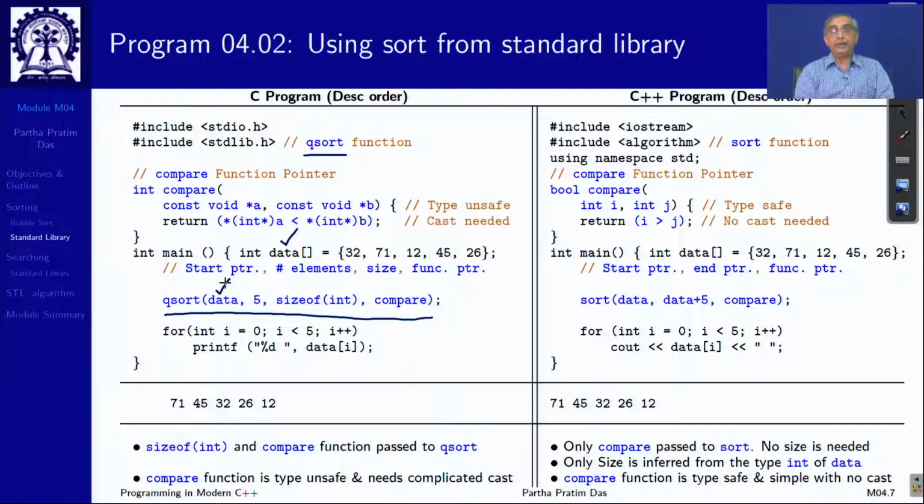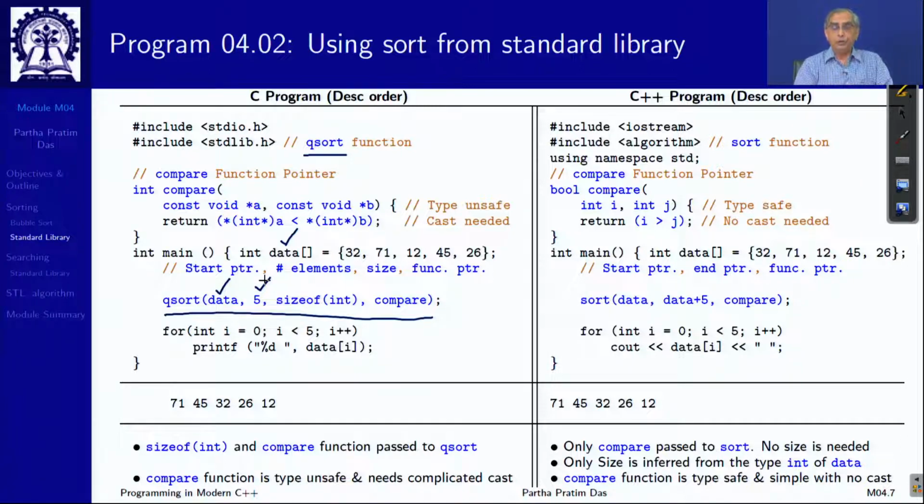The way we tell that is we give the address of the 0th location, which is data, the base pointer, from which quicksort can traverse the array. The next thing it needs to know naturally is the size, how many elements there are. So, we say there are 5 elements.